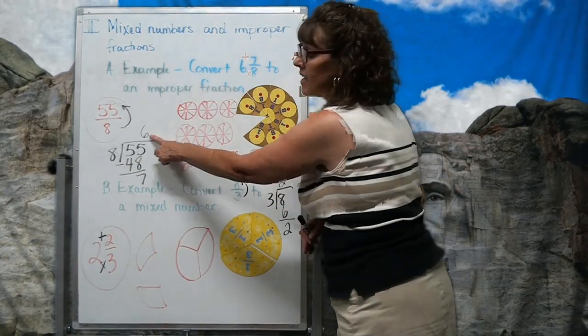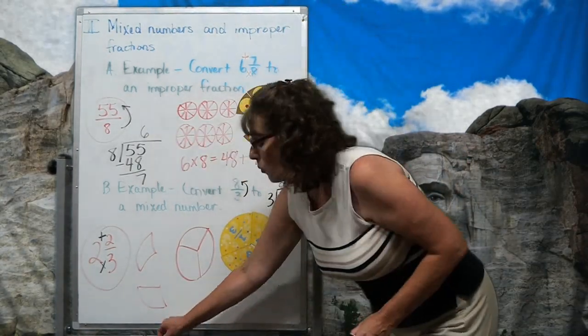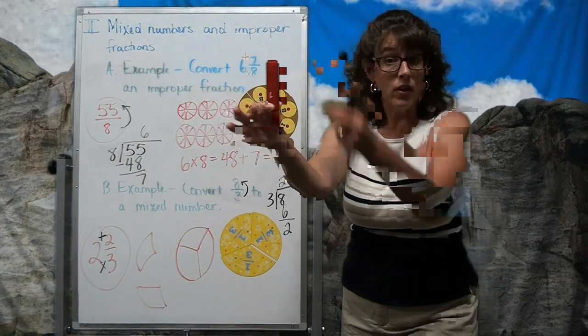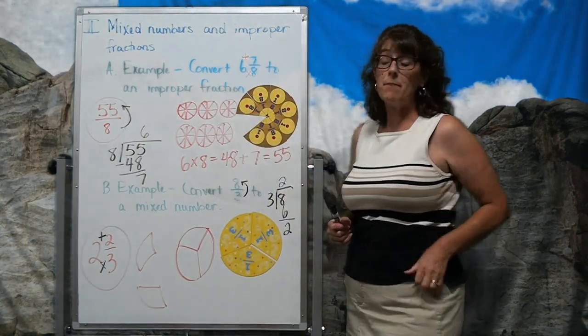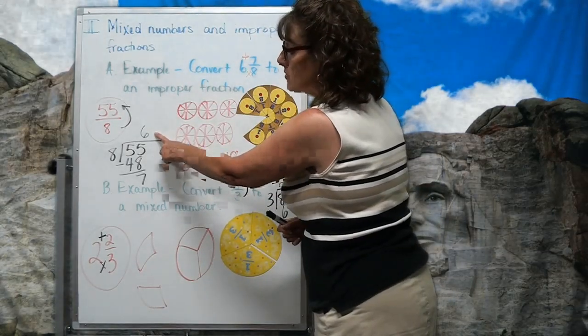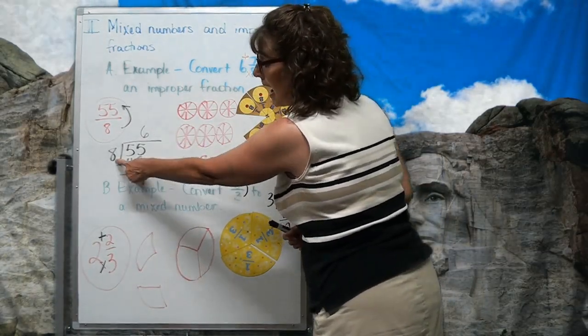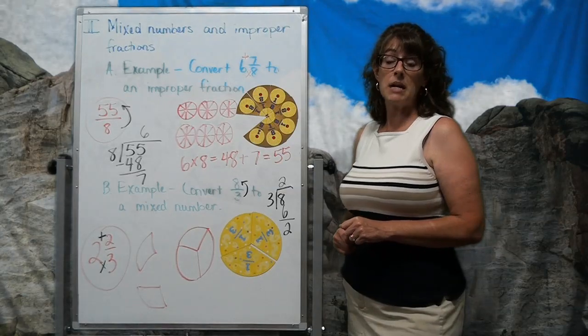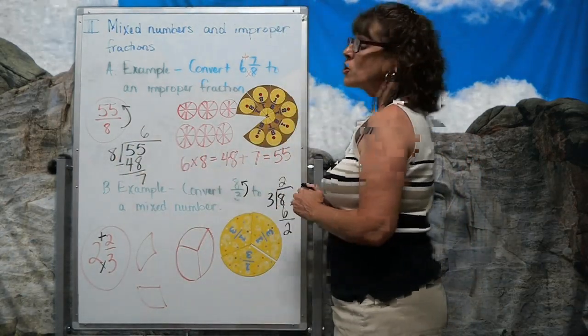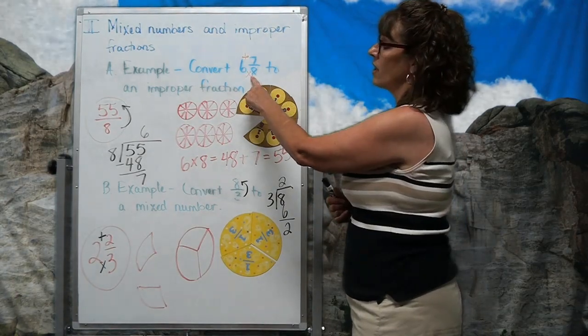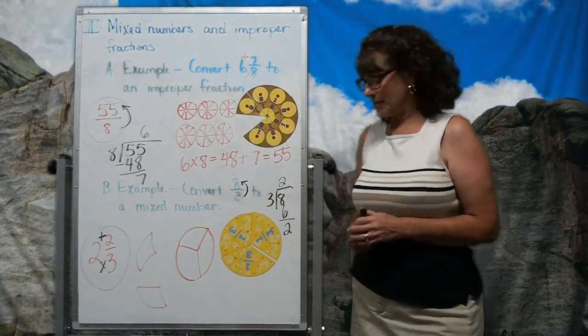I'm going to say this indicates 6 whole pieces, whether it be length strips or parts out of whole or circular pie pieces. It's 6 whole pieces and then 7/8 of that last piece. I'm not getting a whole out of the last one. I have 7/8 of it. So 6 and 7/8, exactly like we have right here, 6 and 7/8.